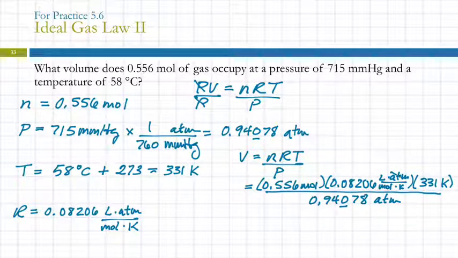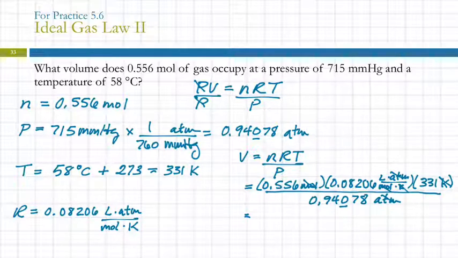Check the units. Atmospheres cancel, moles cancel, kelvins cancel. And I'll get my calculator to do the math for me. 0.556 times 0.08206 times 331 divided by 0.94078 equals.